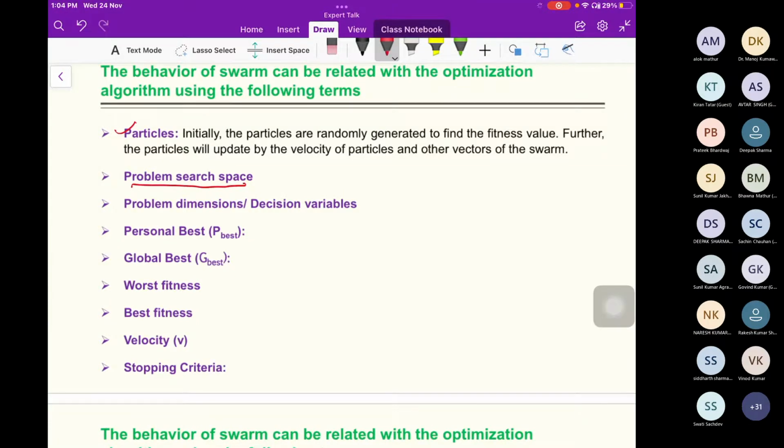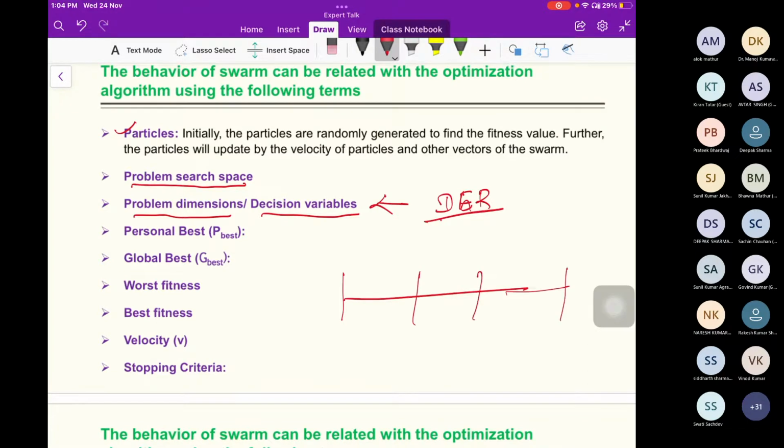And the problem dimension and the decision variable. That means we want to establish DERs, this green technology, at different locations. For example, a 5 bus system, where the first is the grid substation. There is the possibility of 4 locations, and in this condition we want to install a DG.